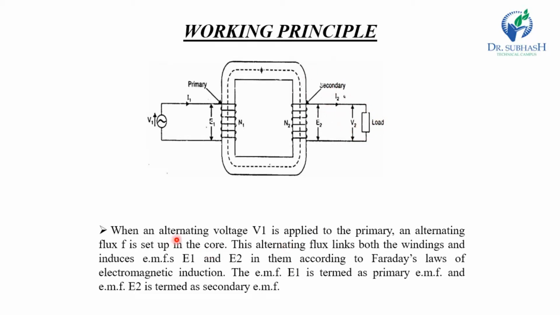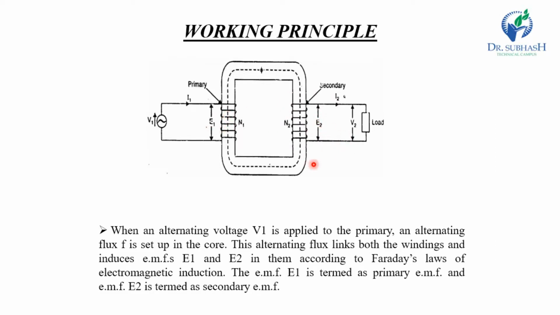Now, when an alternating voltage V1 is applied to the primary side, an alternating flux will be set up in the core, and the alternating flux links with both the windings, and EMFs will be induced, which are E1 and E2.